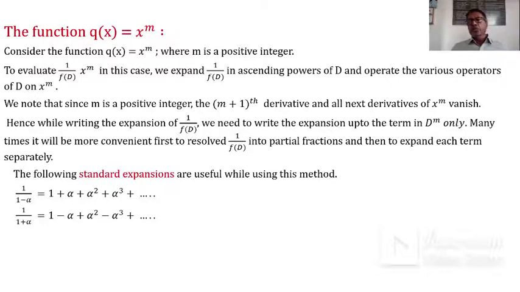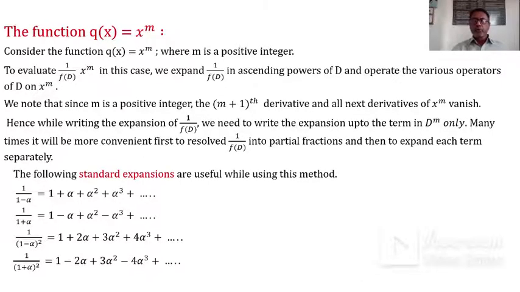Next, 1 upon (1 minus alpha) whole square is 1 plus 2 alpha plus 3 alpha square plus 4 alpha cube plus and so on. And the next expansion is 1 upon (1 plus alpha) whole square, which is equal to 1 minus 2 alpha plus 3 alpha square minus 4 alpha cube plus and so on.